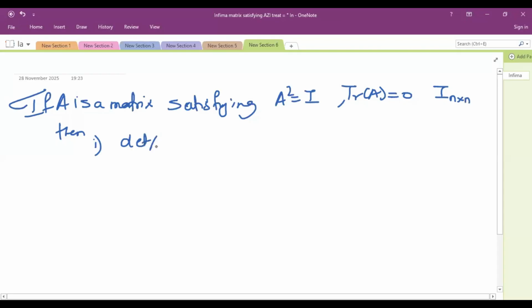A, the determinant of A must be 0. B, determinant of A must be plus 1.